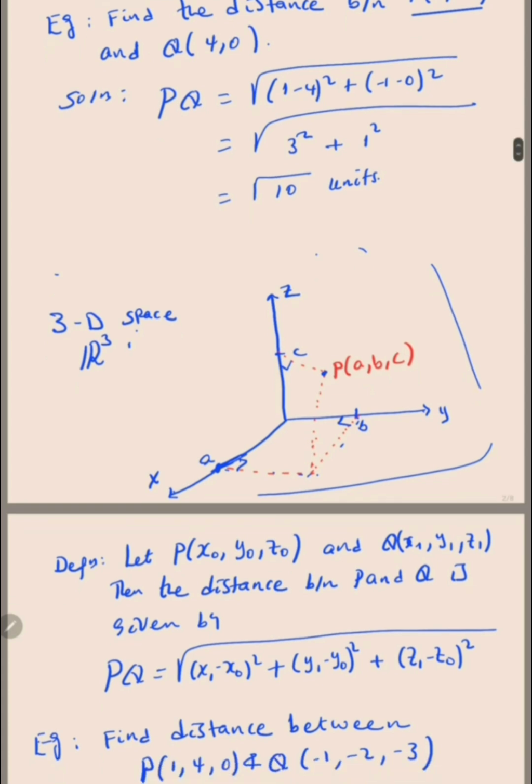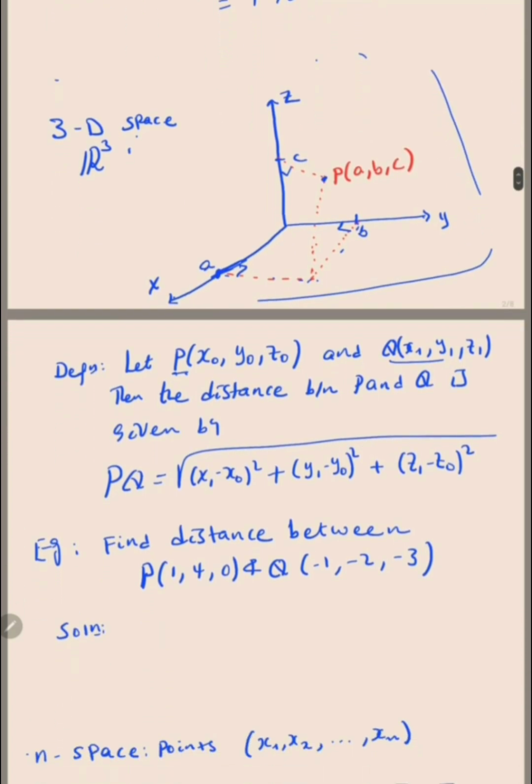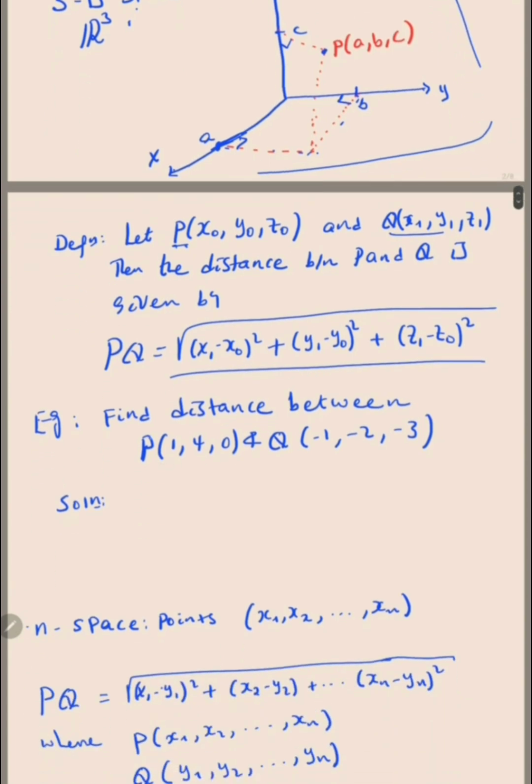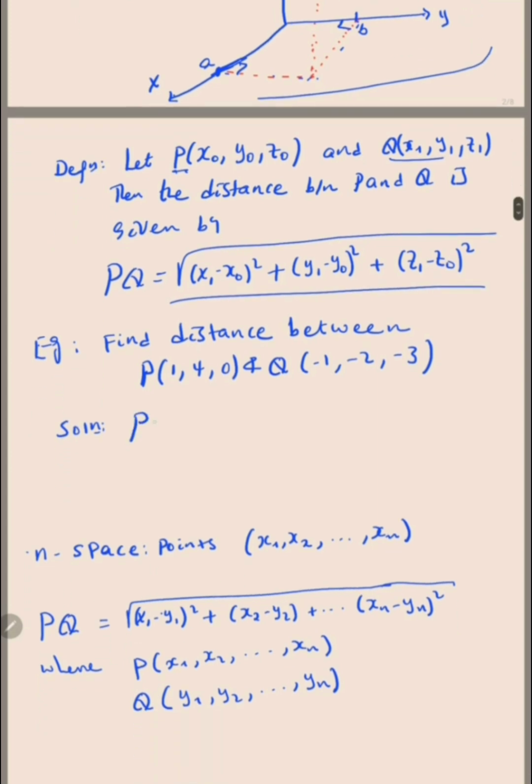So if you have 2 points again, P and Q, in R3, or in a 3D space, then the distance is given by this. The distance between P and Q is the square root of 1 minus -1 the whole square, plus 4 minus -2 the whole square, plus 0 minus -3 the whole square.